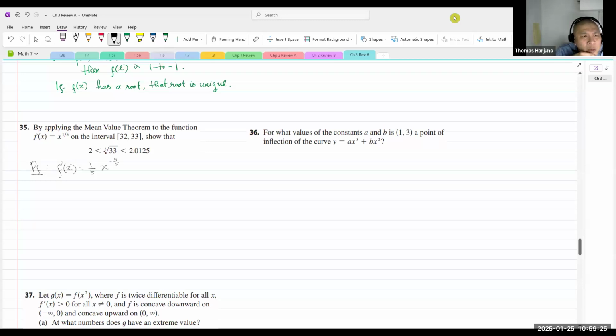It seems like we are approaching this from 32. f32 is 32 to the power of 1/5, that's 2.